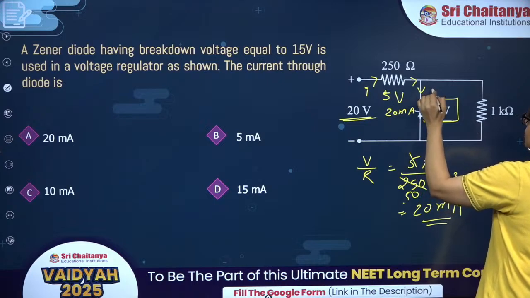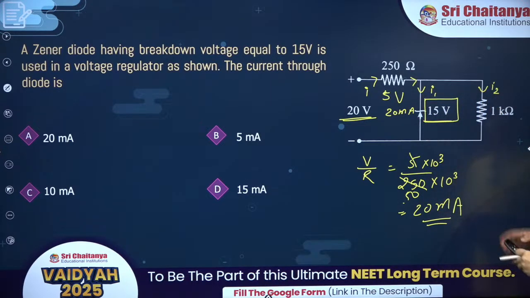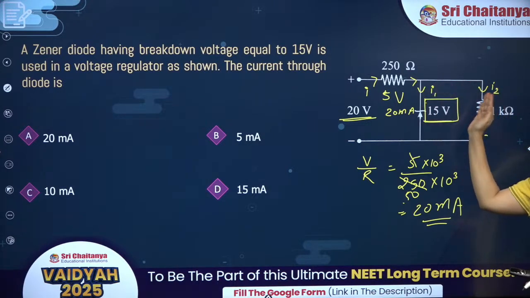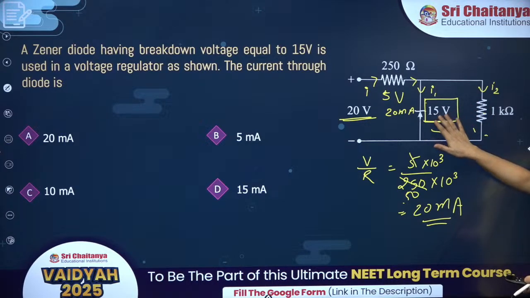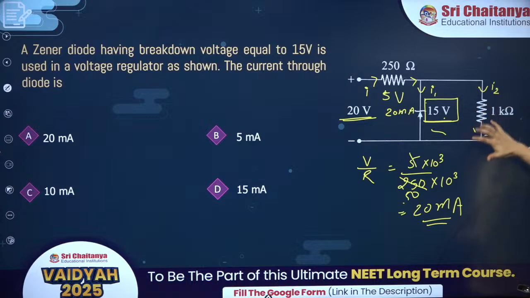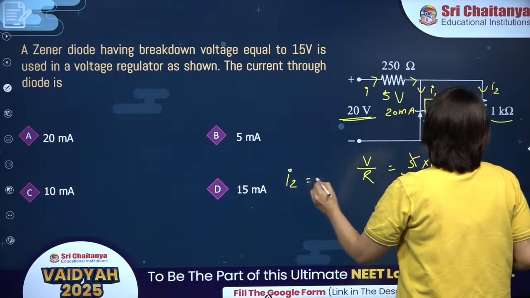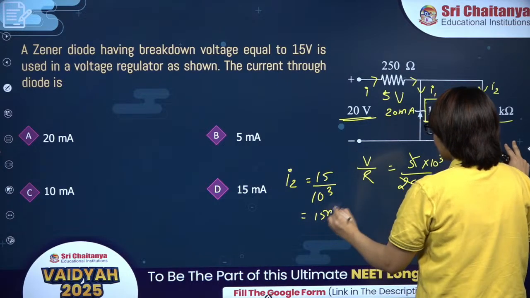Now some current will pass through this one and some will pass through this one. So what is the current through 1 kilo ohm? The potential drop across this and this will be same because both are in parallel, right? So whatever drop is there, same drop will be there. So 15 volt is the potential drop across 1 kilo ohm as well. So in this case, I2 will be 15 divided by 1 kilo ohm, which is 15 milliampere.